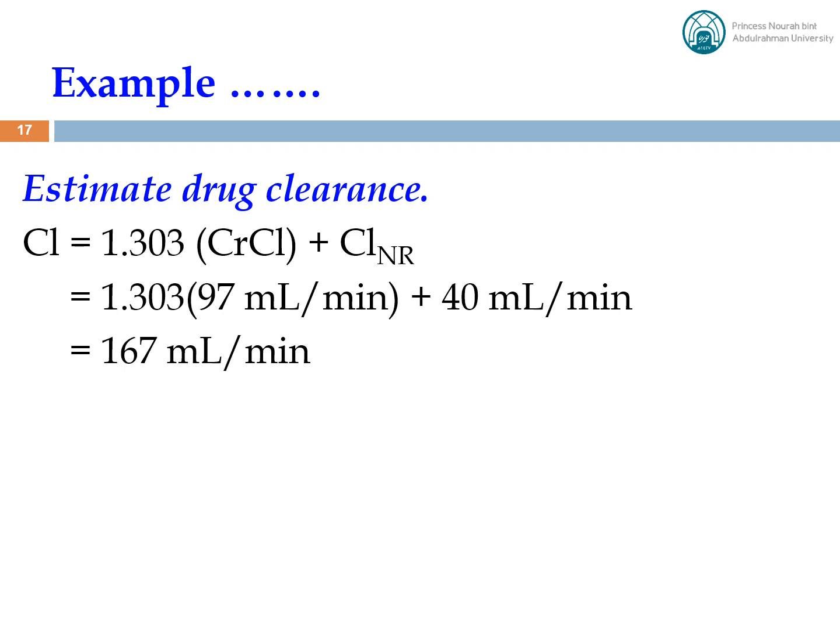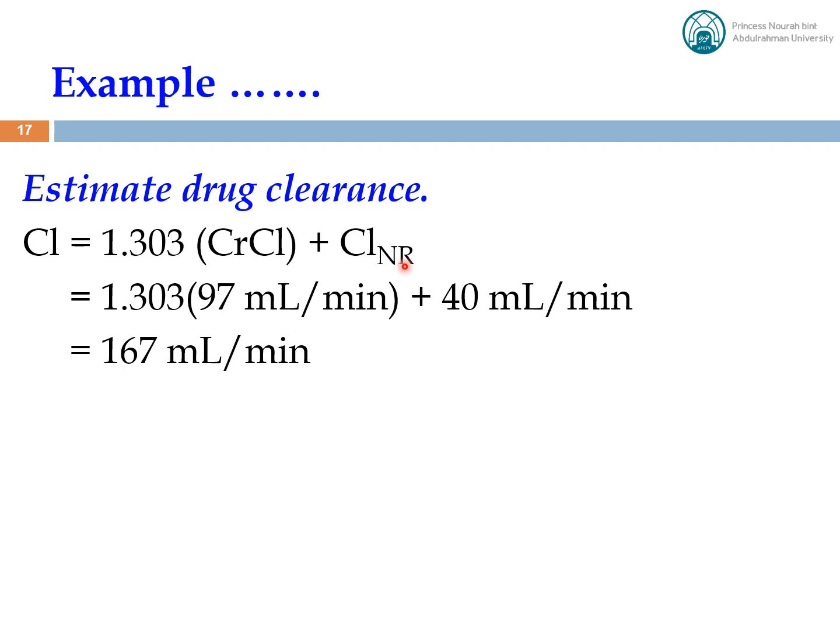First of all, you should be able to calculate the corrected creatinine clearance, which equals 1.303 multiplied by the creatinine clearance that has just previously been calculated, plus the non-renal creatinine clearance.